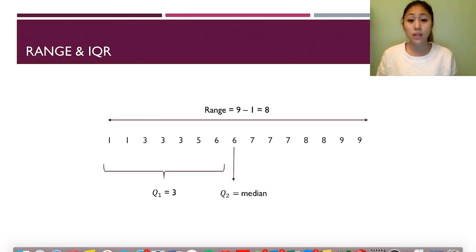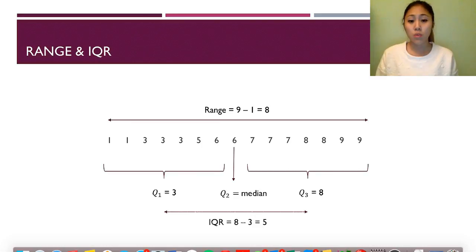You do the exact same thing to the right-hand side of the median, and that's Q3. That equals 8. So as you can see, once you cross out 7 and 9, and then another 7 and 9, as long as you converge towards the center, do you see how the middle number is 8? So IQR is Q3 minus Q1, so that gives us 8 minus 3. And so our interquartile range is 5.